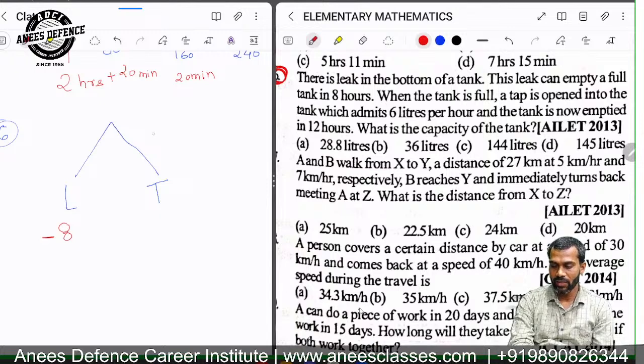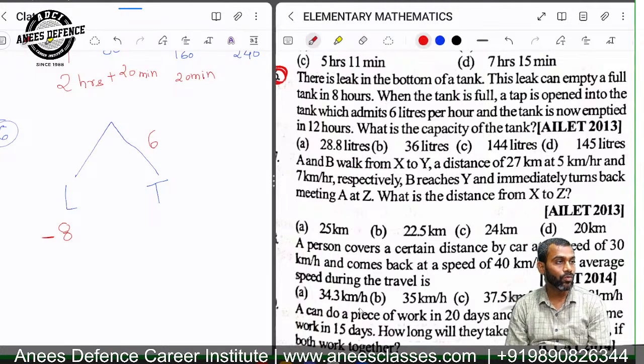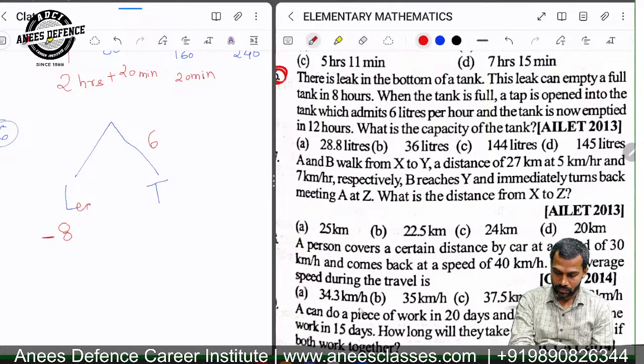So can I write 6 here? Shall I write 6 here? Because that is efficiency. It is not time. Yes or no? Okay. Now, if they work together, I mean the leak and tap, this is leak and this is tap.